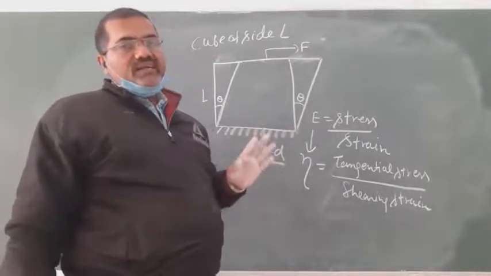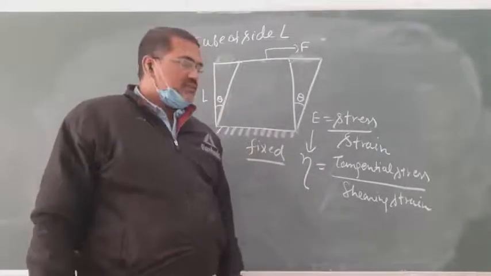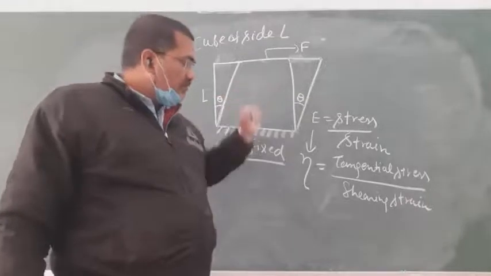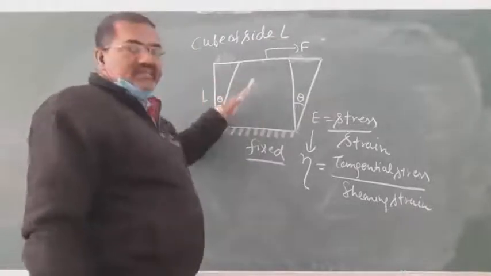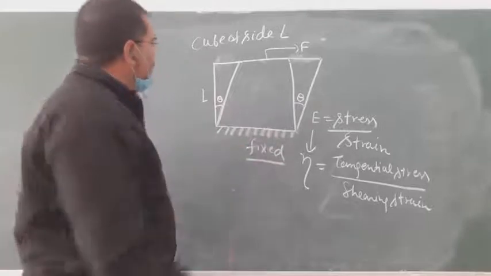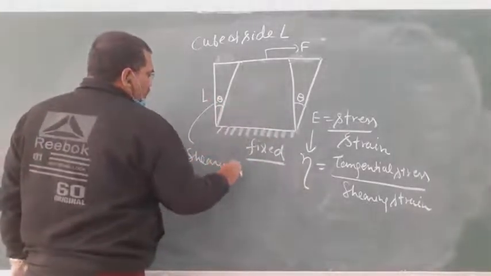If force acts perpendicular to the surface, then the stress is called normal stress. Here tangential stress is used to change the shape of the body, and the body shears at an angle theta, that's why it is called shearing strain. So theta is called shearing strain.